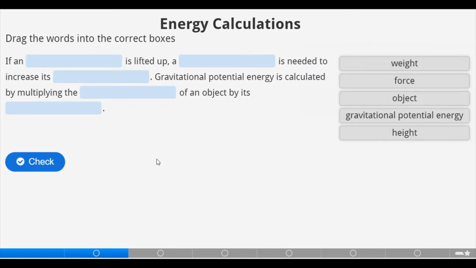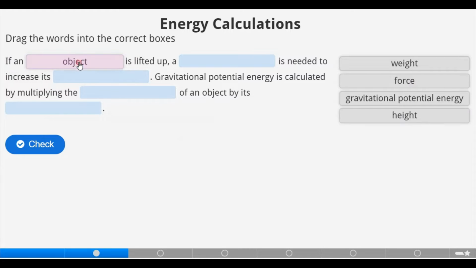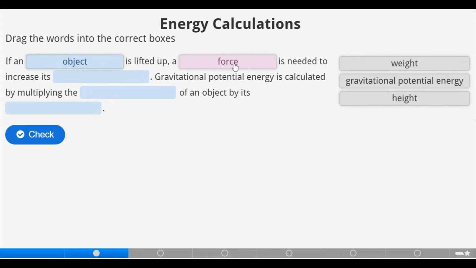So, for us to be able to see how energy is calculated, let's drag the following words into the correct boxes. If an object is lifted off, a force is needed to increase its gravitational potential energy.